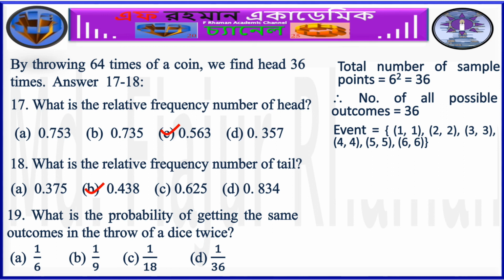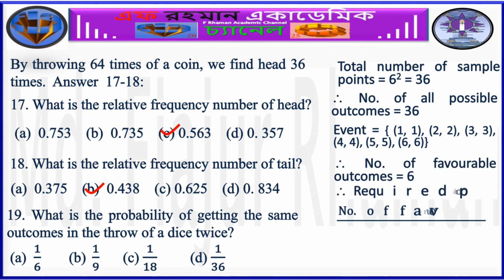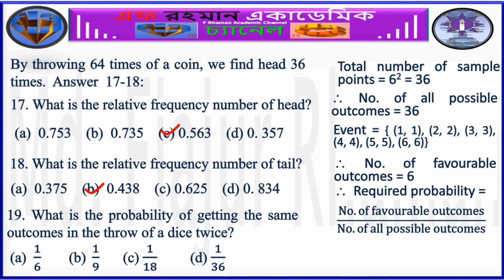These are the sample points of getting the same outcomes. Therefore, number of favorable outcomes is equal to 6. Therefore, required probability is equal to number of favorable outcomes by number of all possible outcomes is equal to 6 by 36. 6 is a common factor between 6 and 36. That's why we can write 1 instead of 6 and 6 instead of 36 is equal to 1 by 6. Therefore, our correct answer is option A.